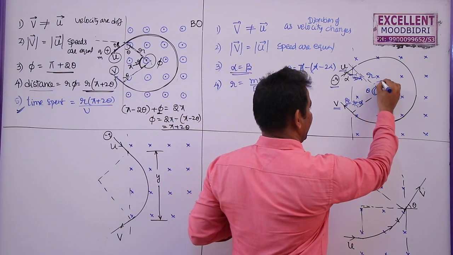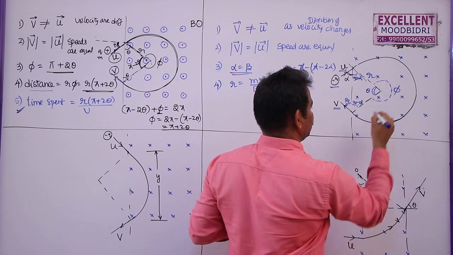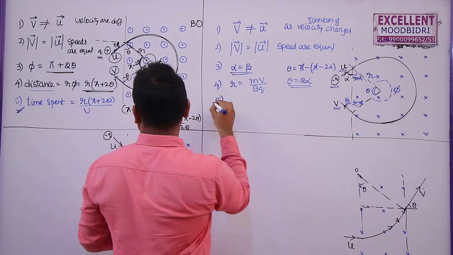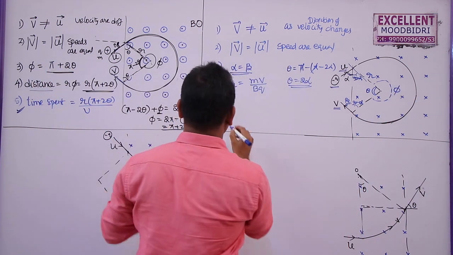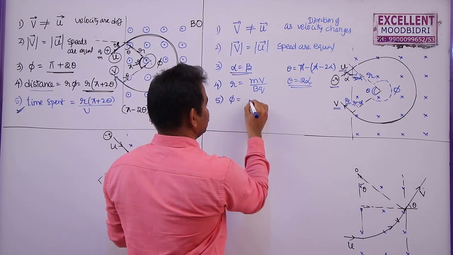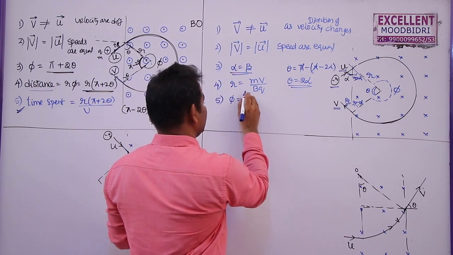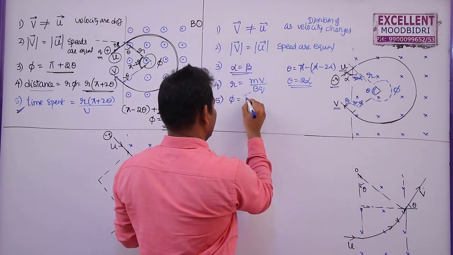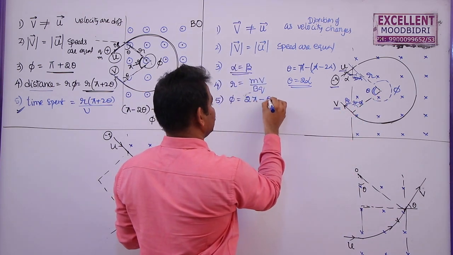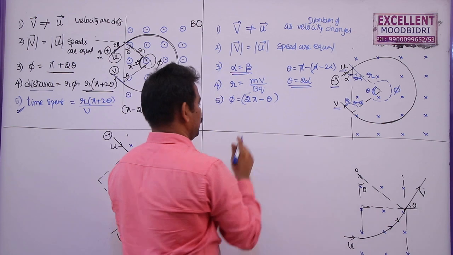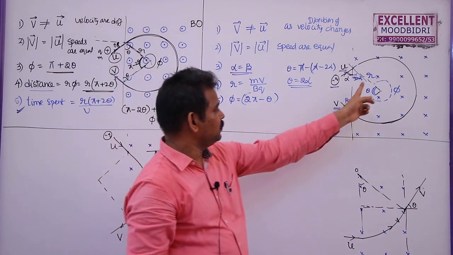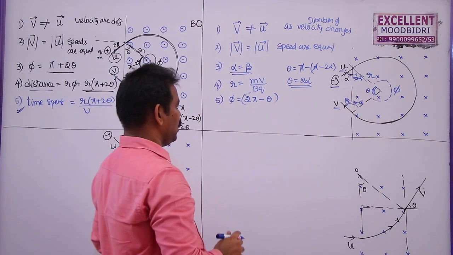So what is the angle described by the charge at the center? So that I am going to write here. Phi is given as 360 degrees minus this theta, that is 2 pi minus theta. So this is the total angle described at this point, and theta is given as 2 alpha.